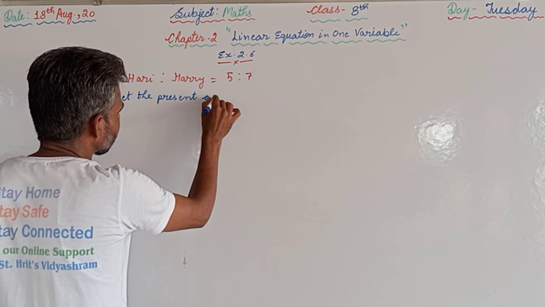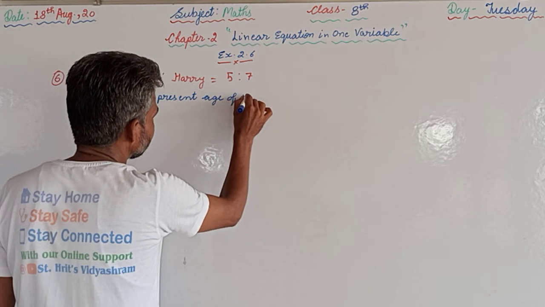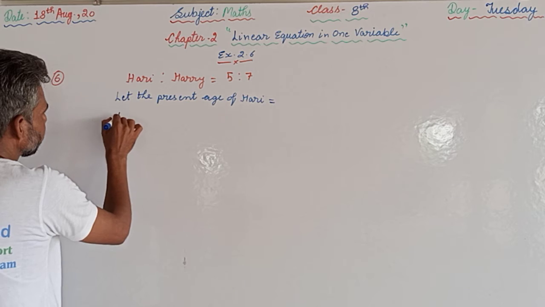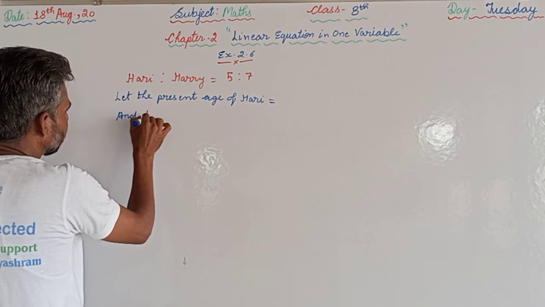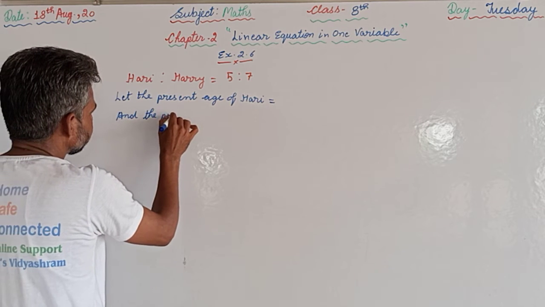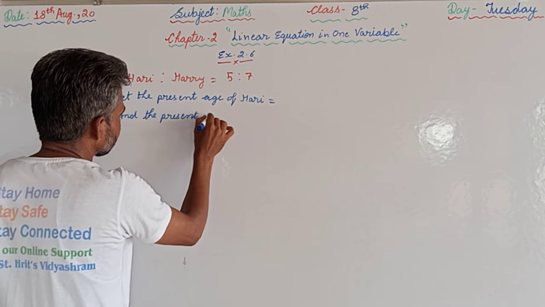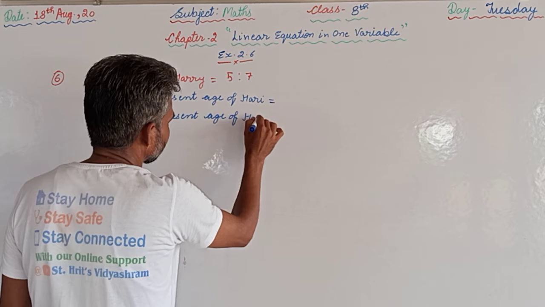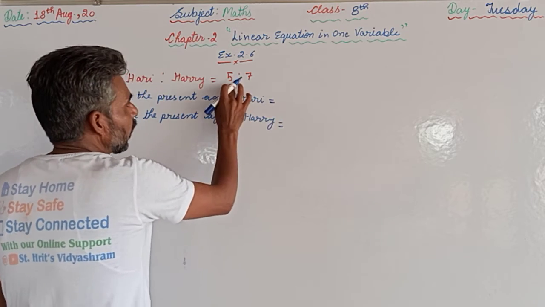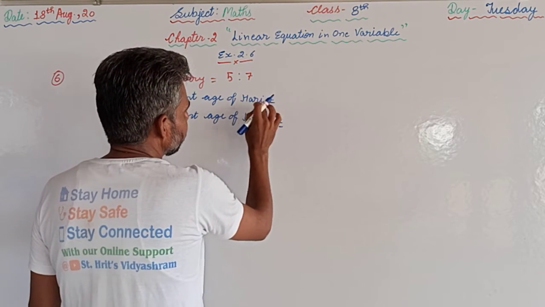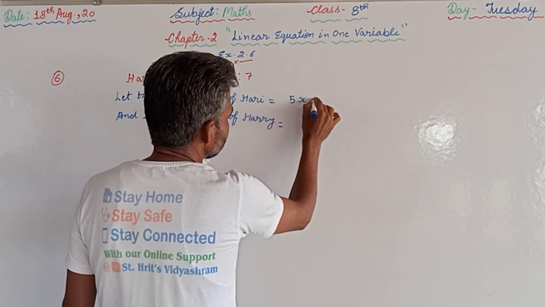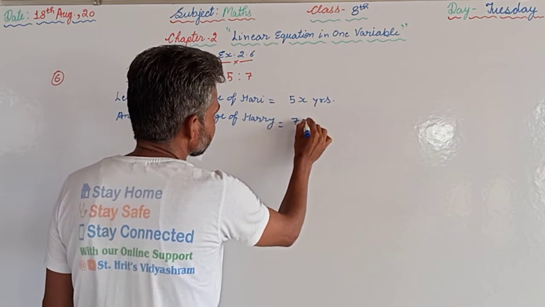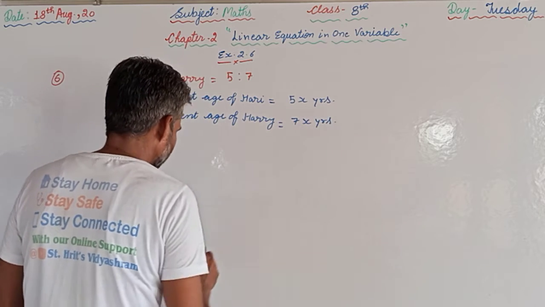So using that ratio, let the present age of Hari and the present age of Harry be 5:7. So the present age of Hari is 5x years and the present age of Harry is 7x years.